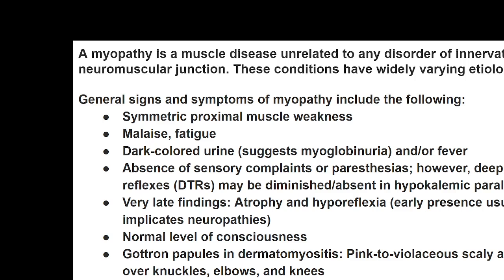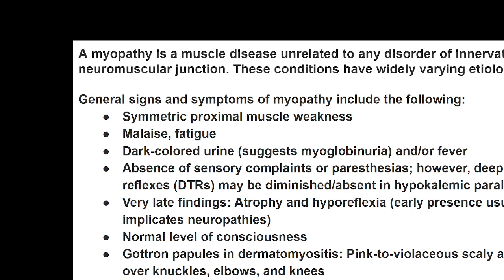Myopathy, by definition, is a muscle disease unrelated to any disorder of innervation or neuromuscular junction, and these conditions have wide-ranging etiologies. Causes could be many, and the general symptoms of myopathy are symmetric proximal muscle weakness, malaise, dark colored urine, which is often due to myoglobinuria, and sensory complaints being absent.